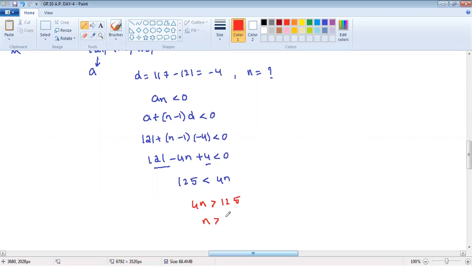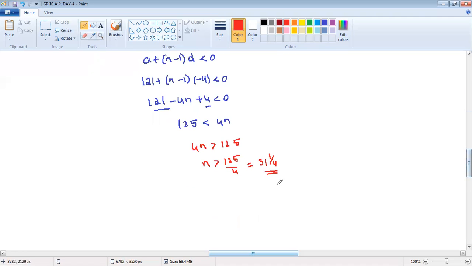So n greater than 125 by 4, which results in 31 1 by 4. So the n value should be greater than 31 1 by 4. So the next value of n is 32. Then you could say the first negative term is the 32nd term in the given sequence. Are you clear?